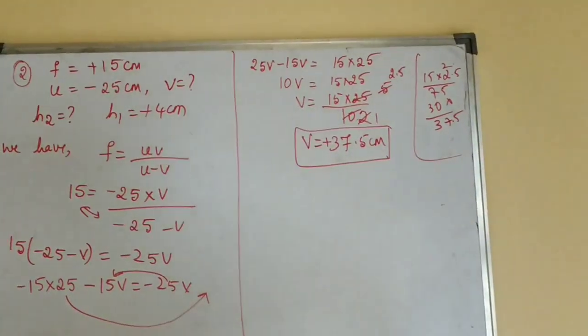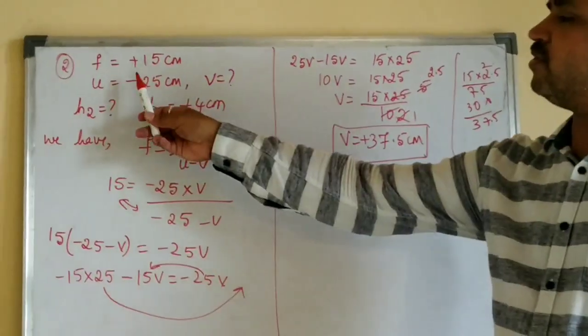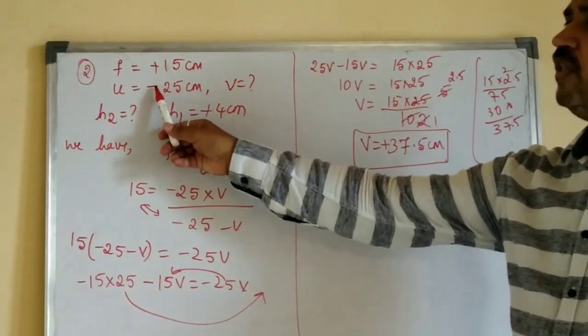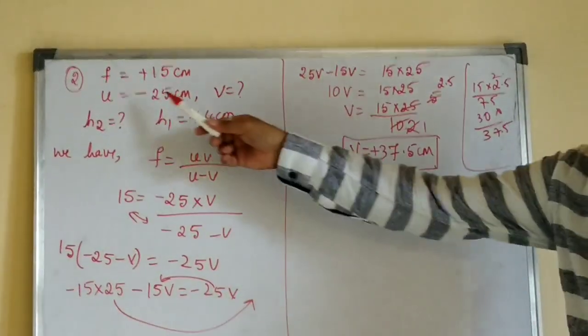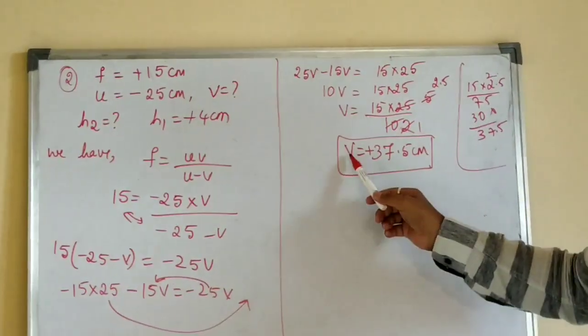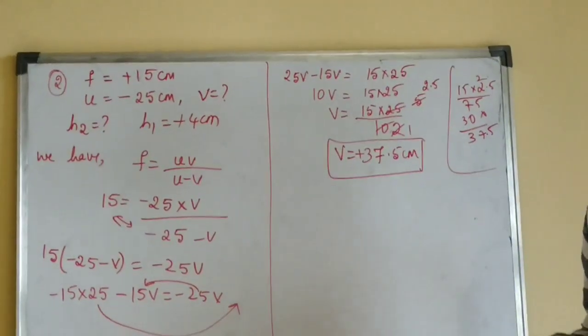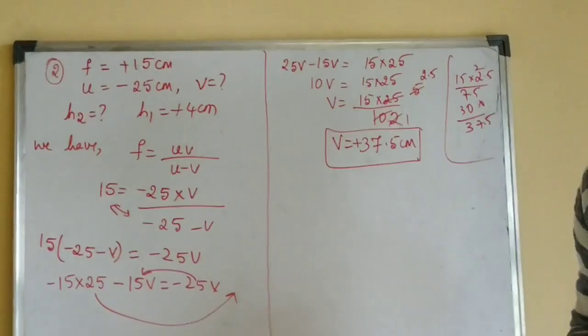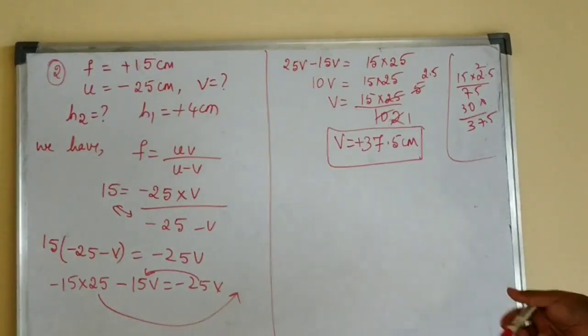Why? Since in the problem they mentioned a convex lens, the object is always towards the left side of the lens and the image is always towards the right side. Towards the right side means we take the distance measurement along the incident direction. So that's why the image distance is plus 37.5 centimeters.